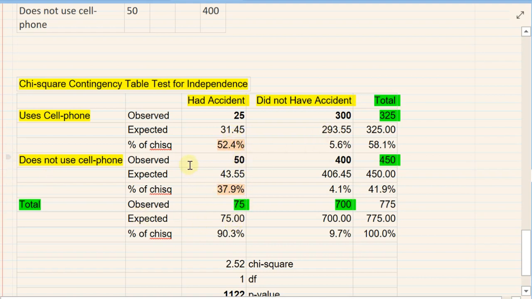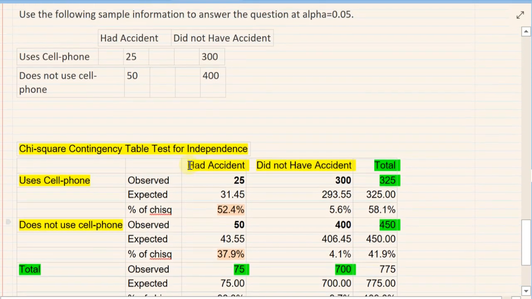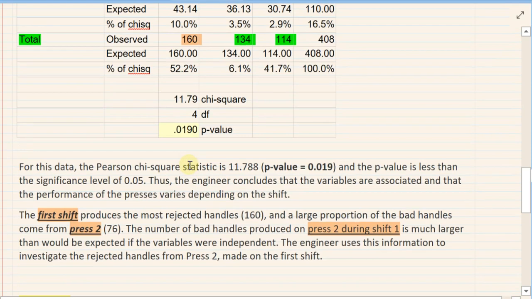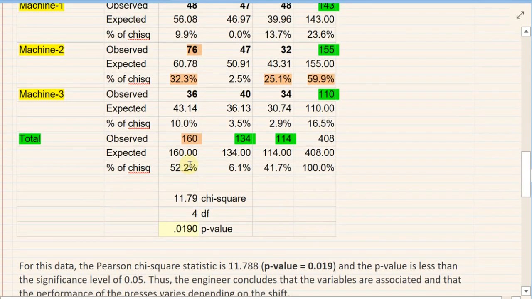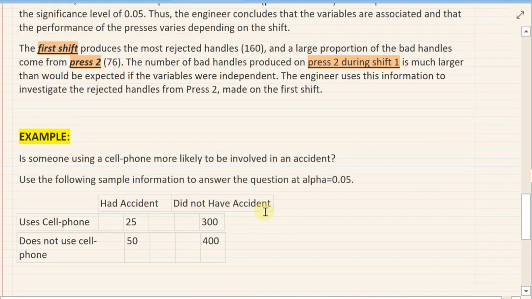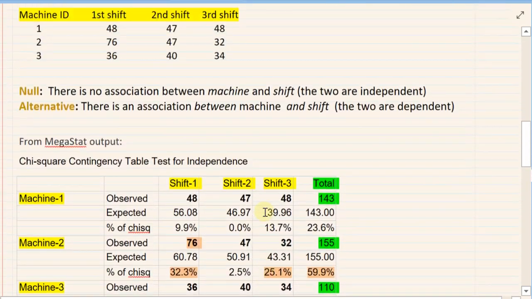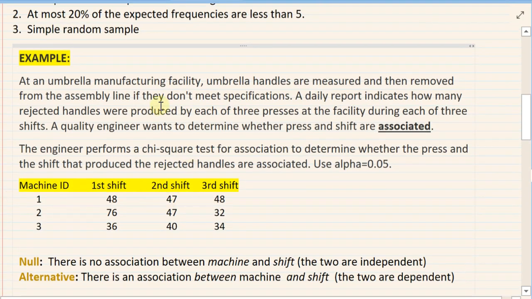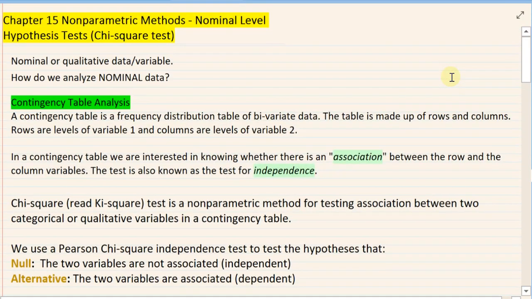Again, we didn't have any cells with expected frequencies less than 5. Now if we did have a few that were less than 5, you would count 20% of total cells. If more than that, then the chi-square is invalid, and you just have to find another way to analyze the data. Okay, so with that we are done with this chapter.